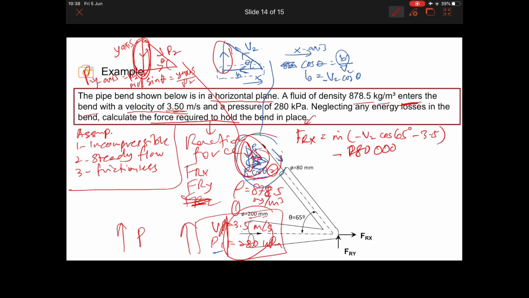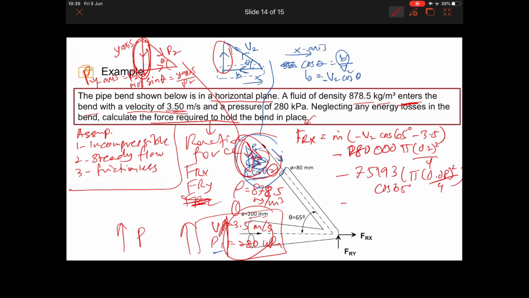Okay, area at point 1 pi. And then what else? Minus again, P2 at the P2. So do you know P2 now? Yes, you know the P2, 75193, and then again pi 0.08 to the power of 2 over 4 cos 65.